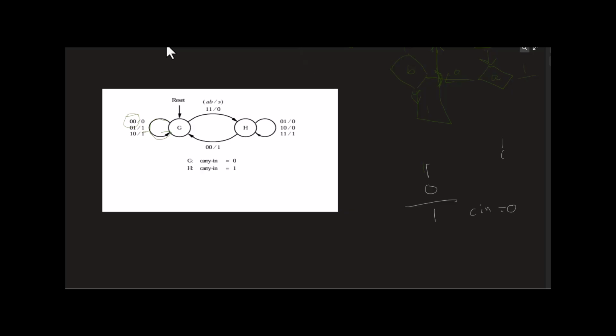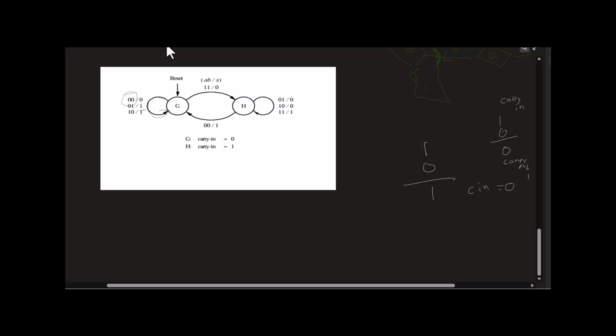And if I add 1 and 0, I get a 0 and my carry-out is 1 if my carry-in was 1. So carry-in is what you carried before, and carry-out is what you would carry out. State G is your carry-in was 0, and state H is your carry-in was 1.